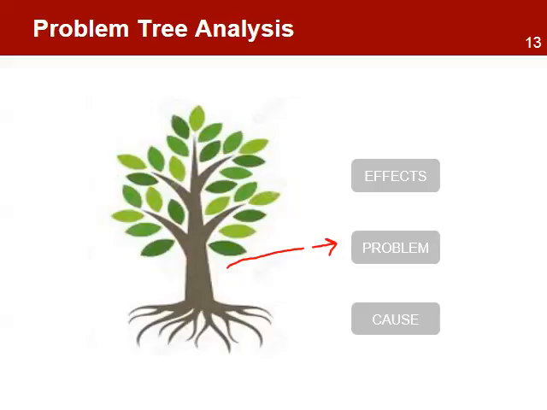The roots represent all the causes of the problem, and on the top, the branches represent the effects of the problem. This technique helps identify all the root causes that lead to the current problem and the consequences of the problem if it's not solved.